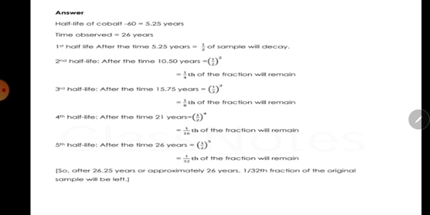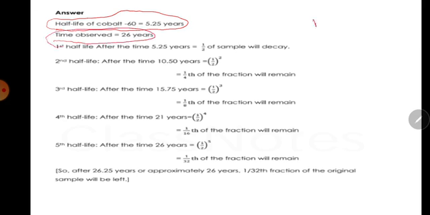Now the next question. Cobalt 60 is a radioactive element and its half-life is given. What fraction of the original sample will be left after 26 years? So we have to calculate the sample left after so much time.